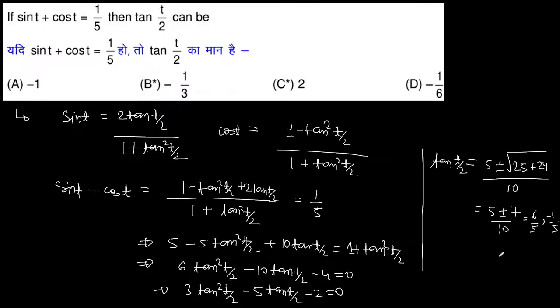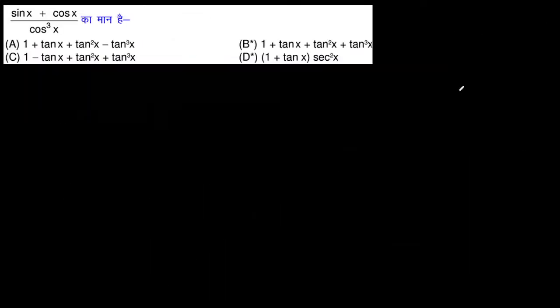Yes, 12 by 10. We are not getting something like that. No, 2a is 6. This is 6. So it is 2 or minus 1 by 3. So this will fall in half angle. Half angle which we are going to study ahead. Okay, half angle. This is from our syllabus.